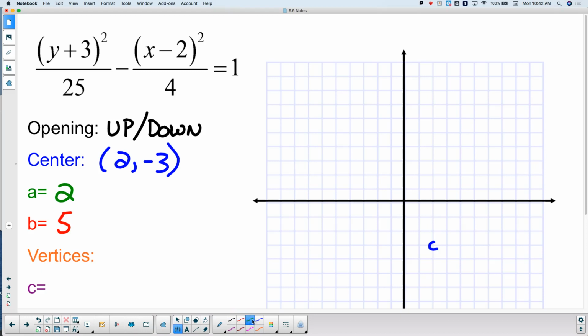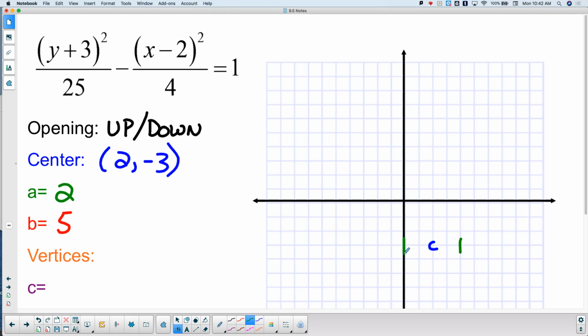So from my center, Robbie, left and right 2 or left and right 5? Left and right 2 because that's a. Yep. So I put a little dash, 2 and 2. That's good for when we're coming up.